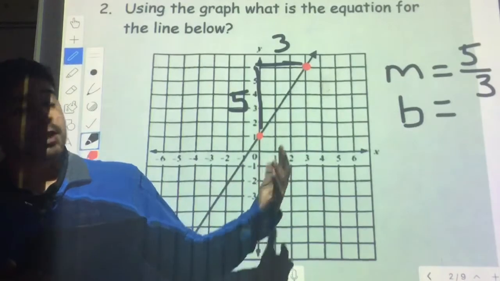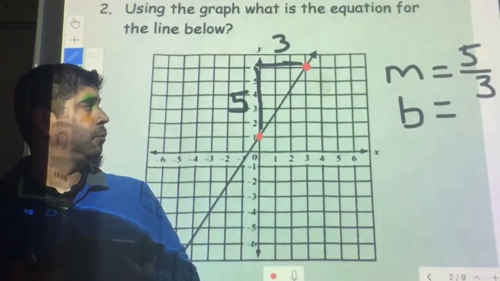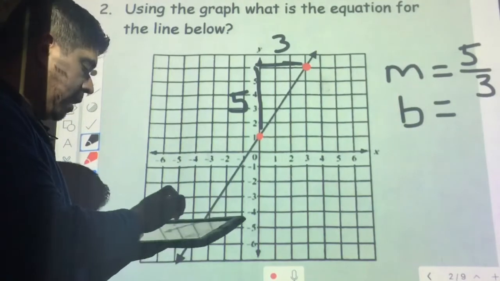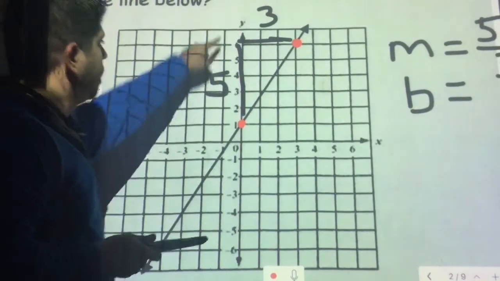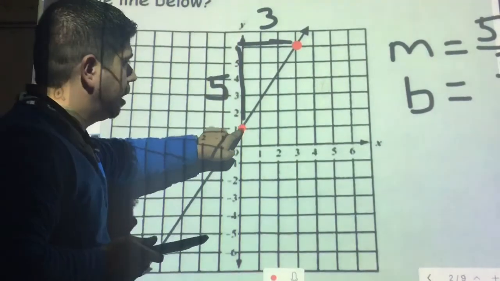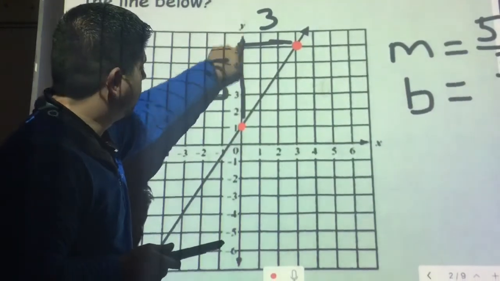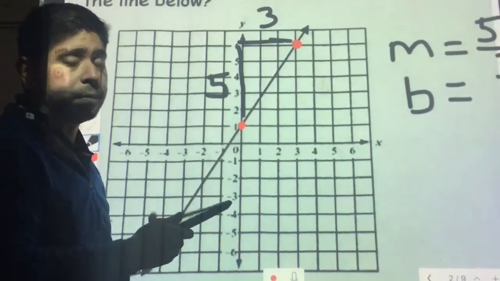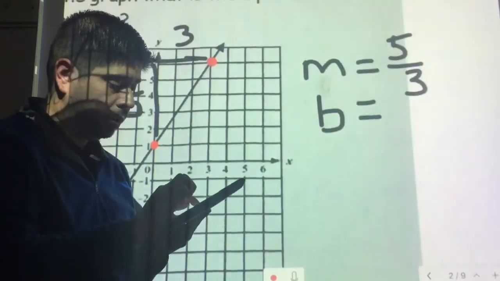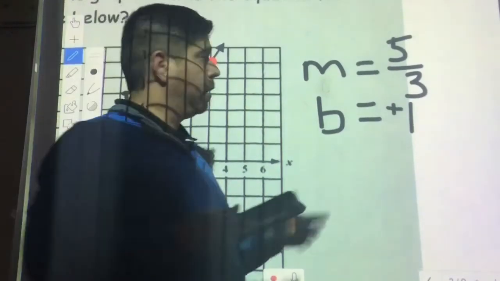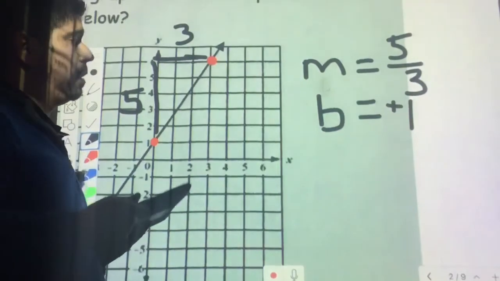If you didn't know that, then you would just put it in your calculator to see if it reduces down anymore. Now my y-intercept. So remember my y-intercept, all I got to do is start here at the top, and then I go down this line until I hit that line right there. Okay? I'm going down, and it crosses right there at the 1. So my y-intercept is a positive 1. You don't have to put the plus, but you can if you wanted to. If it was a negative, remember you put the negative sign.